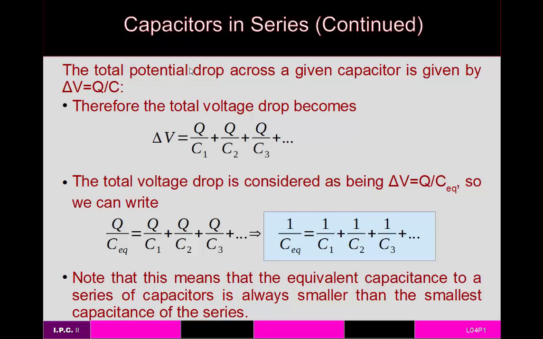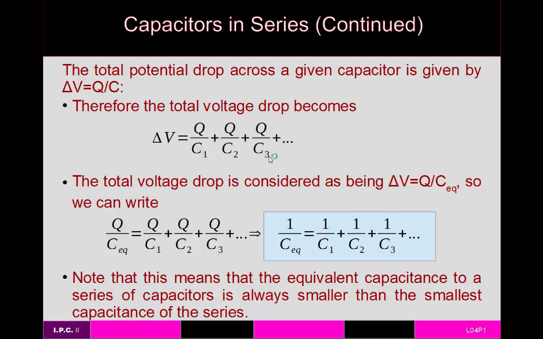So since the potential drop across a given capacitor can be written as delta V equals Q over C, this, by the way, comes from C equals Q over delta V. We've just rearranged that. Since this is true, we can therefore get the total voltage drop, because since it's delta V1 plus delta V2 plus delta V3, we can write it as delta V equals delta V1.